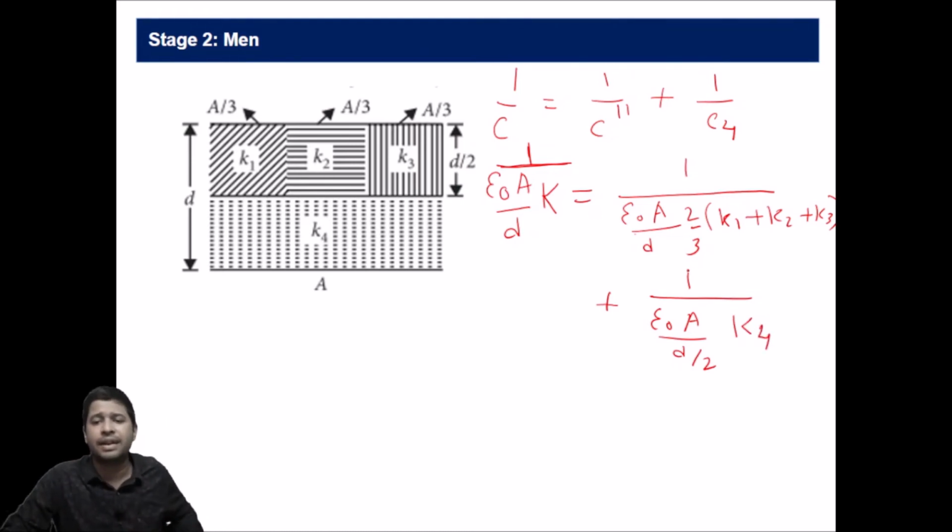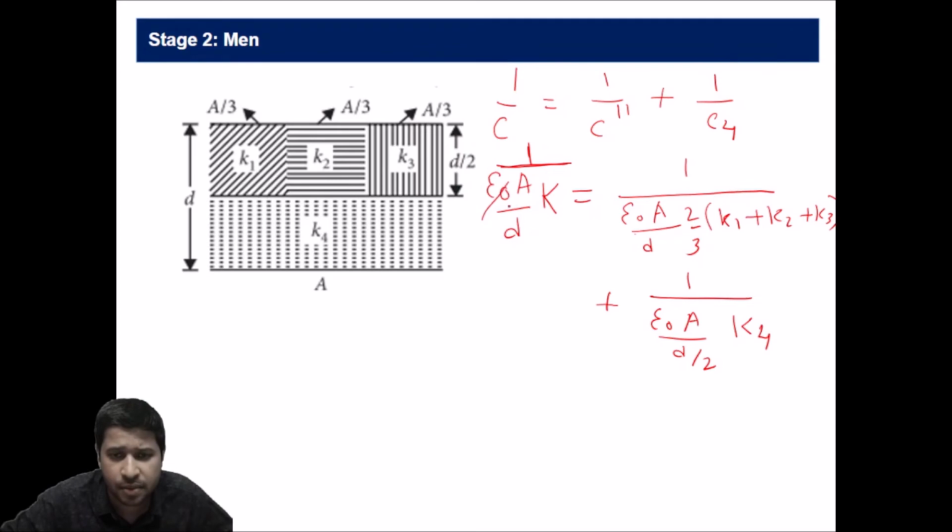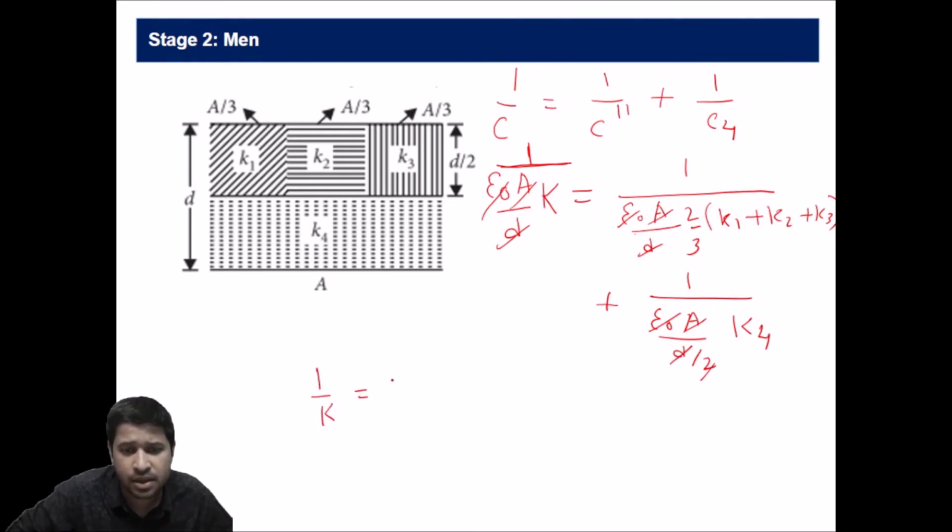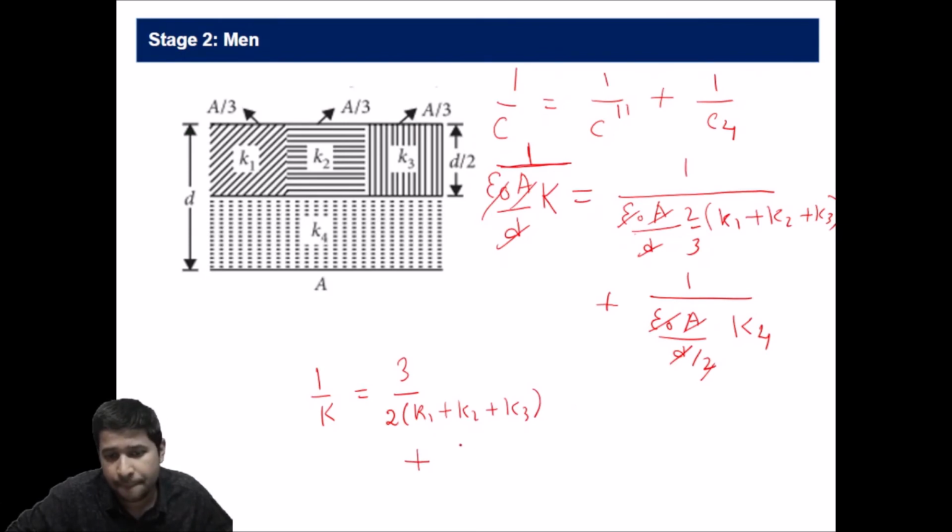Now if we cancel all these epsilon naught A by D from all the places, what will remain is 1 by K is equal to 3 by 2 into K1 plus K2 plus K3, plus 1 by K4.